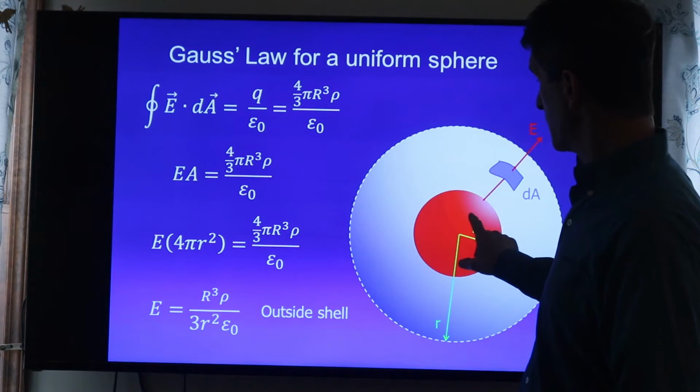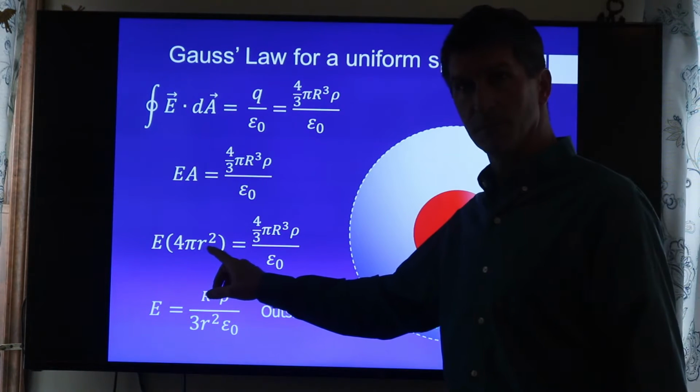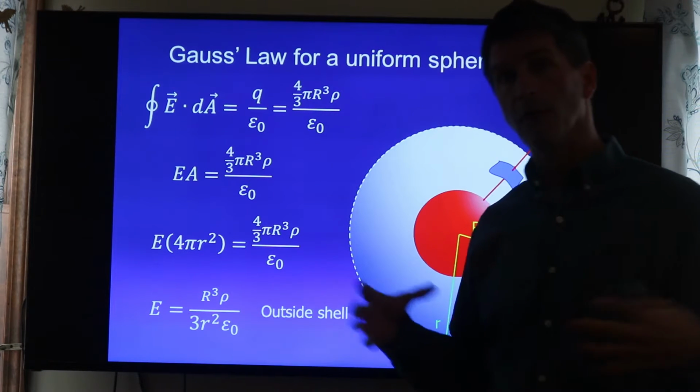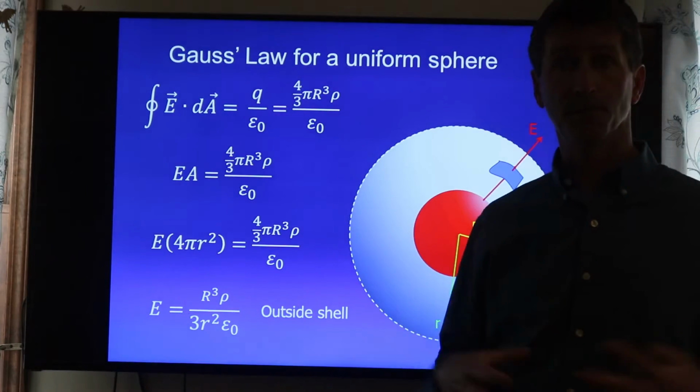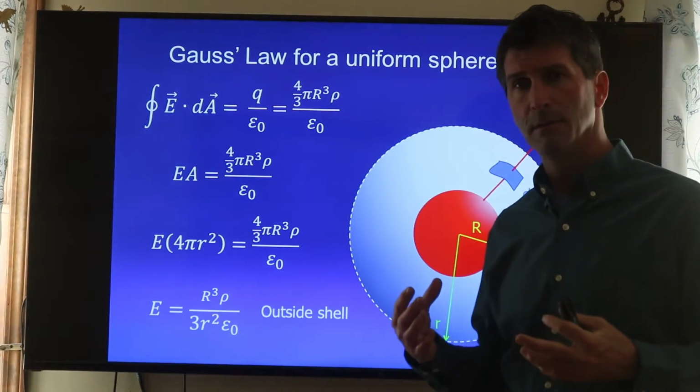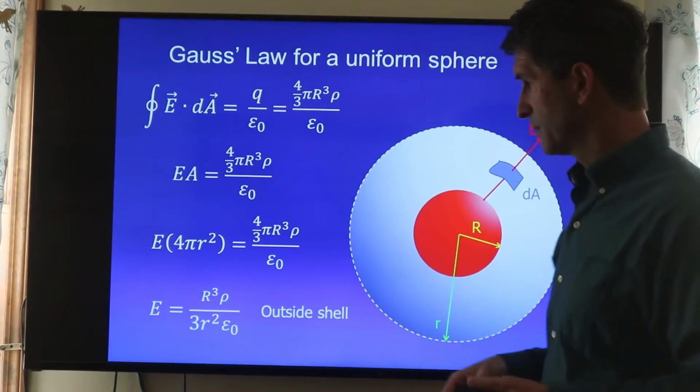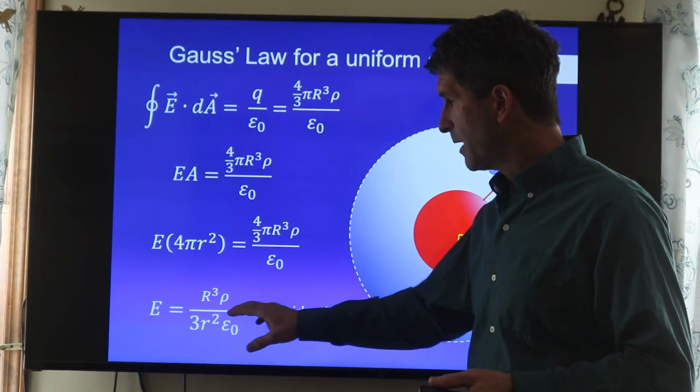And notice, this big R is different from this little r. This little r is how far we move our Gaussian surface above the surface of the charge. The big R, that's fixed. That's however big this little red ball is right there. So as long as we're outside the charge, our equation reduces to this.